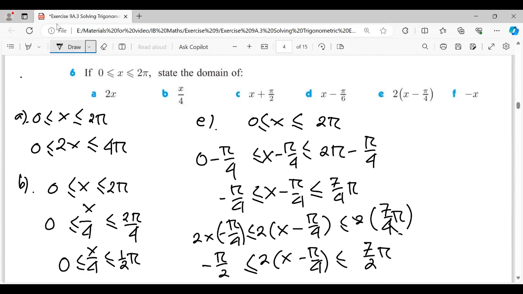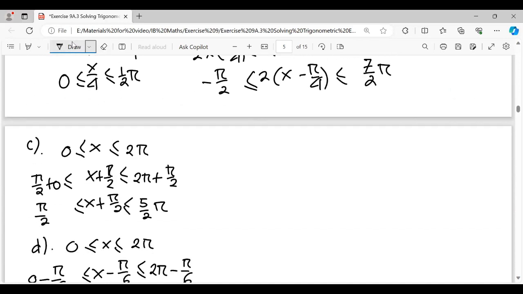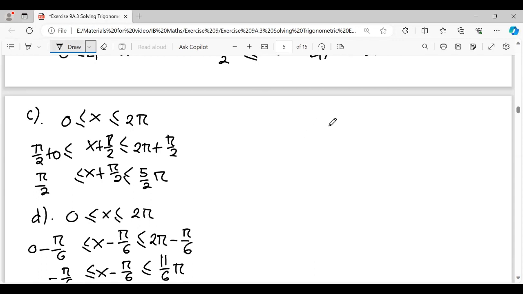And next is negative x. Zero to pi. If negative x, it means times negative 1, it will be 0 times negative 1.